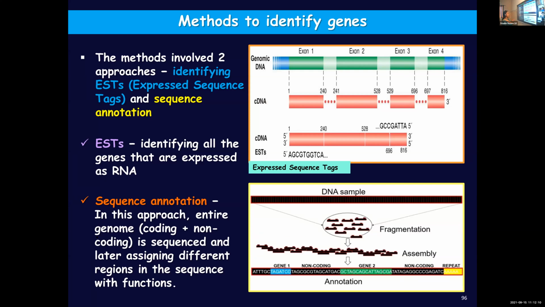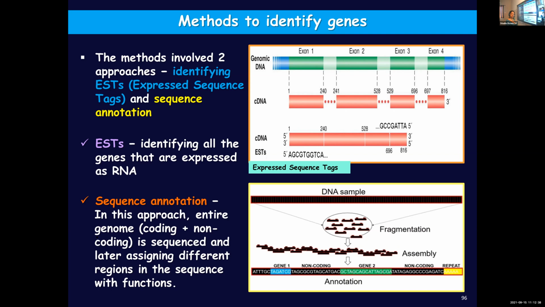Getting expressed means, you know that in a gene or in a DNA, exons, introns, all these are there, and the entire segment is not getting transcribed into RNA, and these are not forming proteins. So only those which are getting transcribed into RNA and getting translated into proteins, those are the expressed genes. So only those were sequenced or identified.